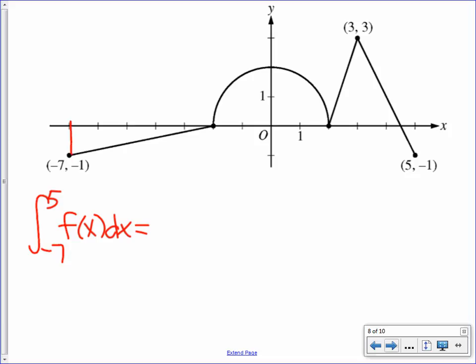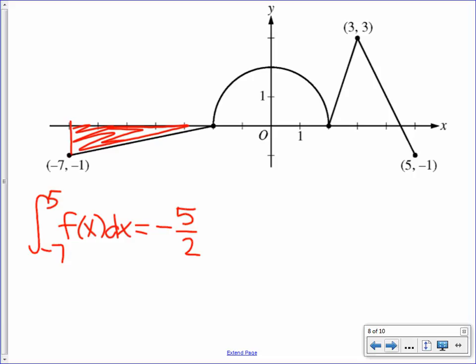So from -7 to -2, you want to find this area first. 1/2 base times height, right? 5 times 1 divided by 2, right? It was 2.5. But since it's below, it's negative, right?